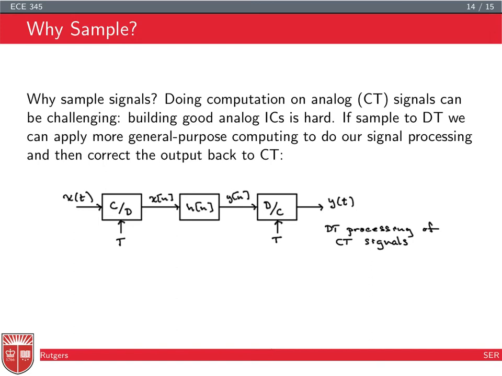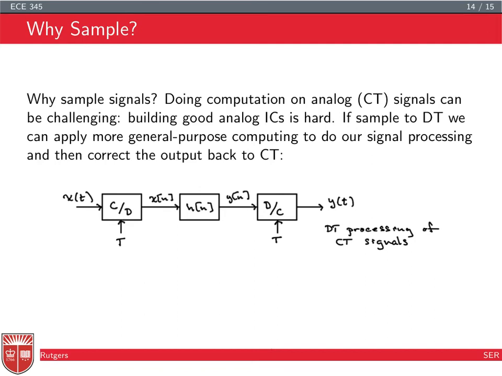Now just a little bit of motivation in engineering. In general, we like to work with discrete signals, because then we can represent them by bits, and we can process them fast on our computer or on our chips. So they're much easier to process.